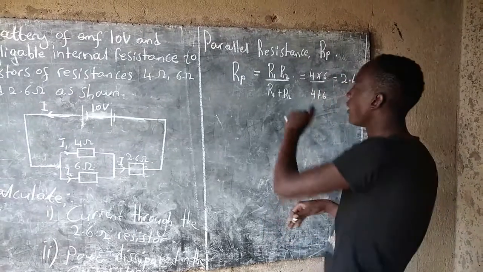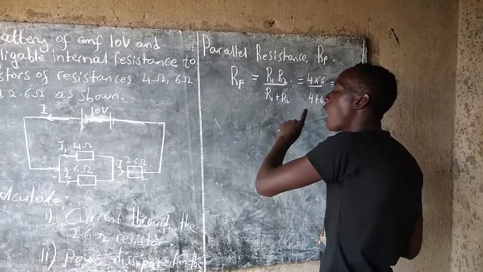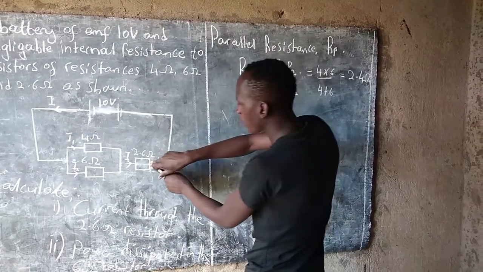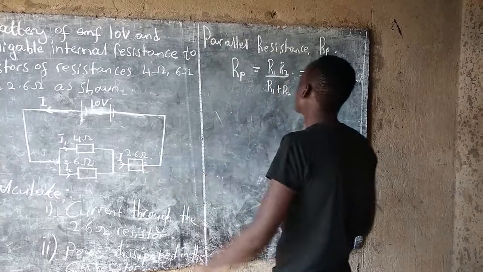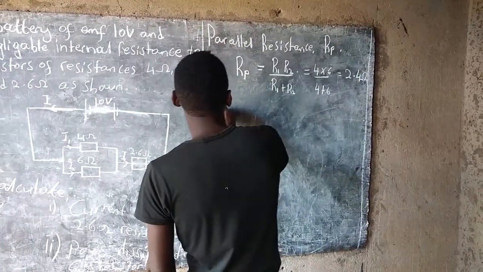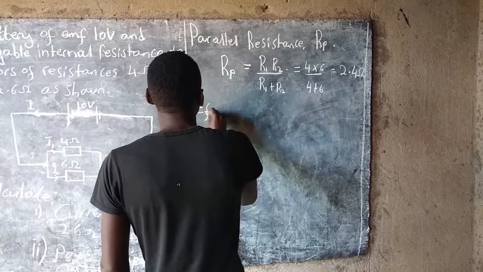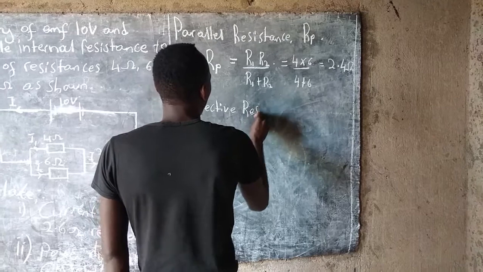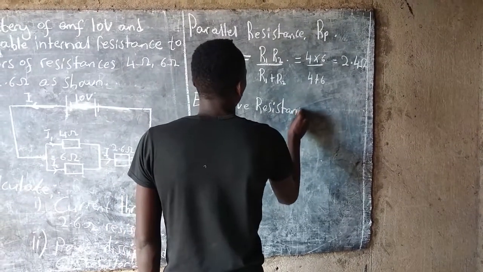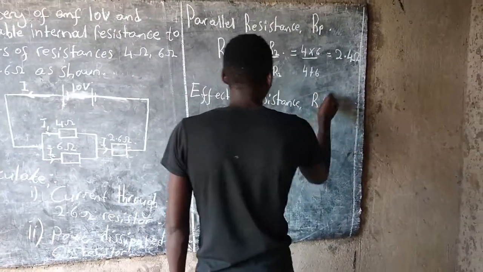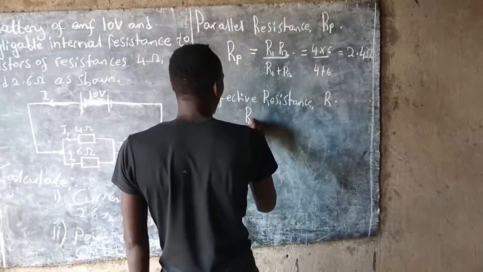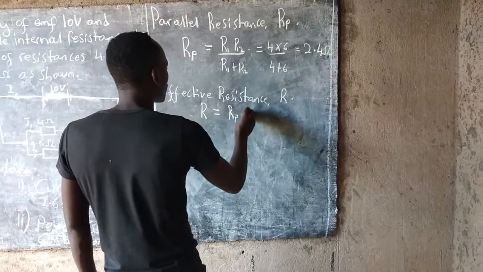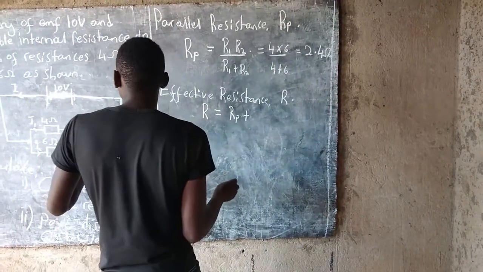This implies that now the effective resistance, I'm going to get this parallel combination and add with this other remaining resistor, which is the 2.6 ohm resistor. So we shall come and say here that now the effective resistance, let me call it now R. So our R will be now this RP that we have got plus this other remaining resistor.